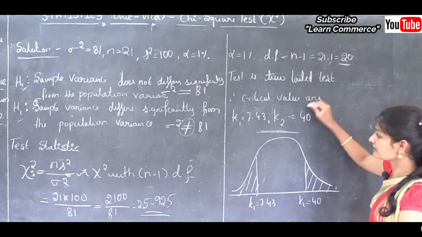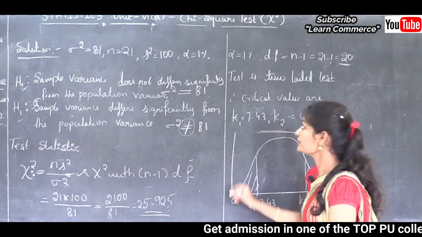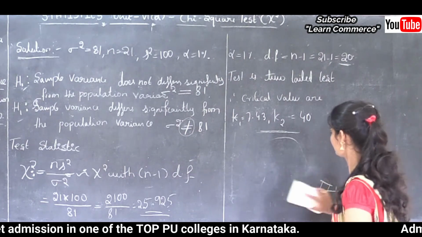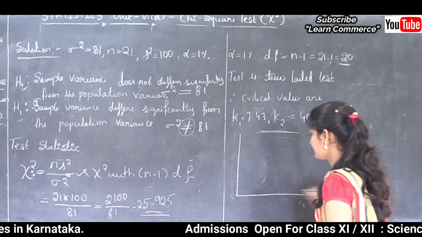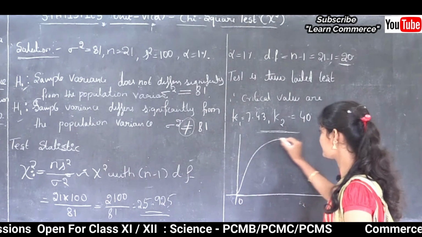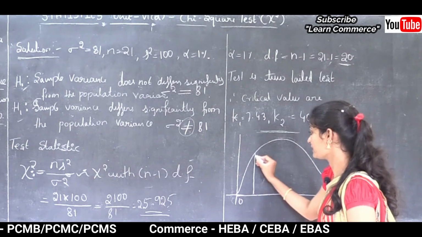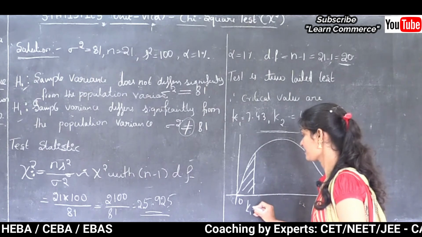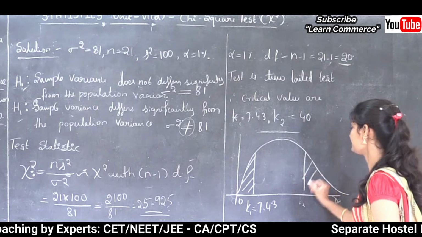The calculated value is 25.925. The range of the chi-square distribution is 0 to infinity, therefore the graph starts from 0 like this. Here the K1 critical value is 7.43, and this is the rejection region. The K2 value is 40, and this is also a rejection region.